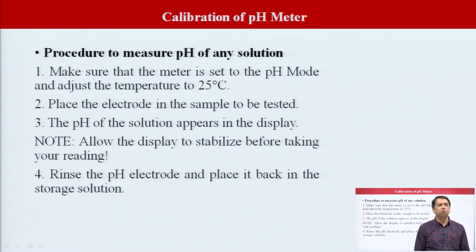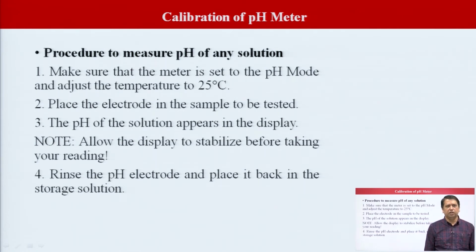So, now how can we measure the pH of any solution? By using a pH meter. The first thing we have to ensure is that the meter is set to the pH mode, and adjust the temperature to 25 degrees Celsius.